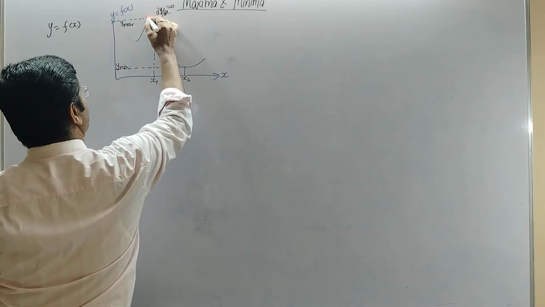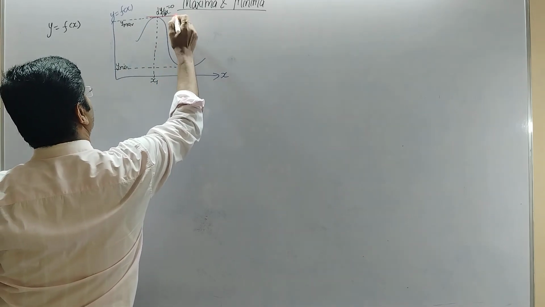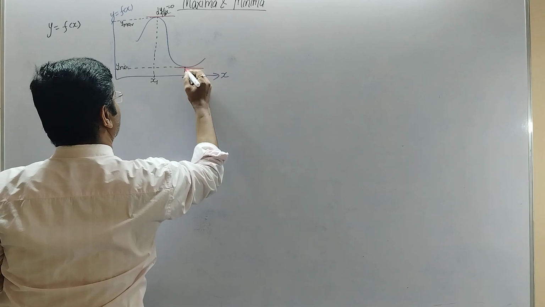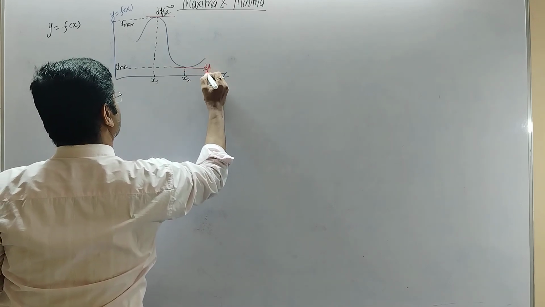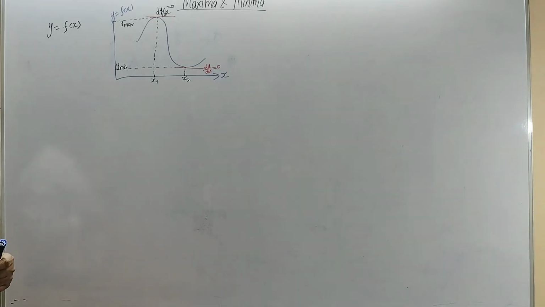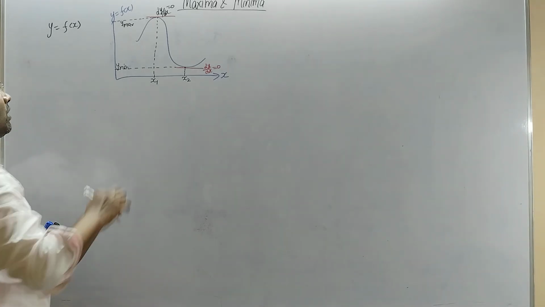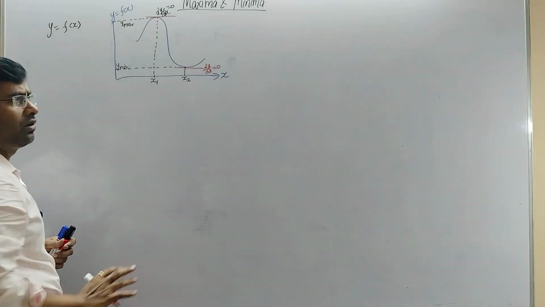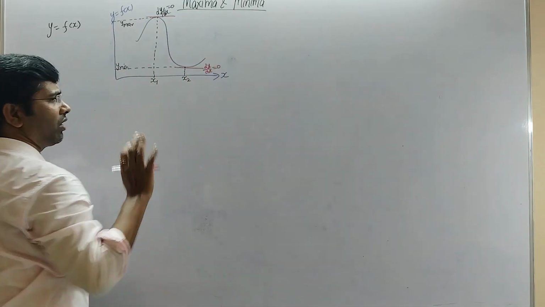Here also the slope will be 0, and here also if I calculate dy upon dx, it will be 0. So wherever the function value is maxima or minima, at that point the first derivative will always be 0.